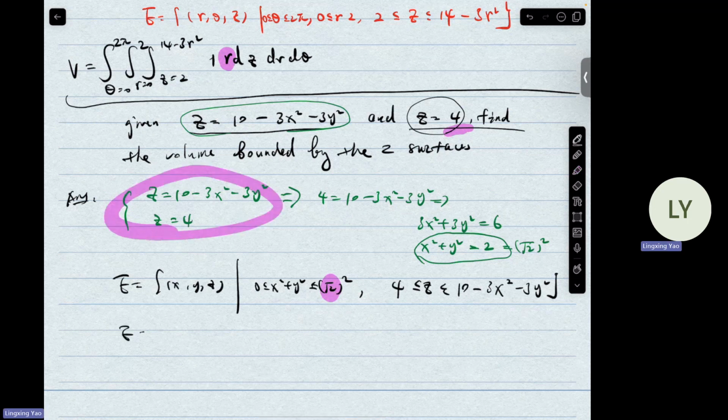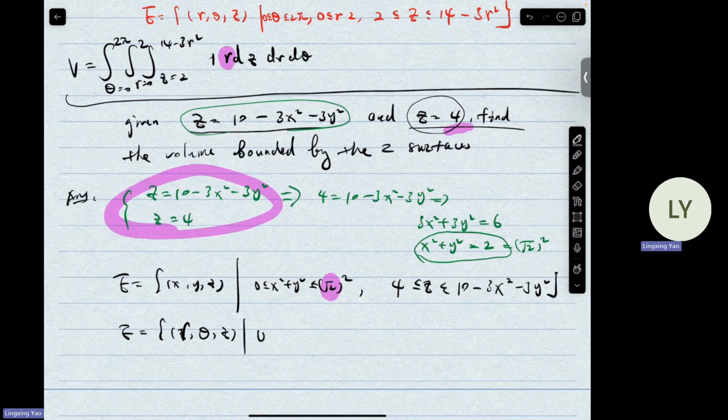And now with this, we can also represent this volume in the cylindrical coordinates, which has theta between 0 and 2 pi, r between 0 and square root of 2, and z between 4 and 10 minus 3 times r squared.